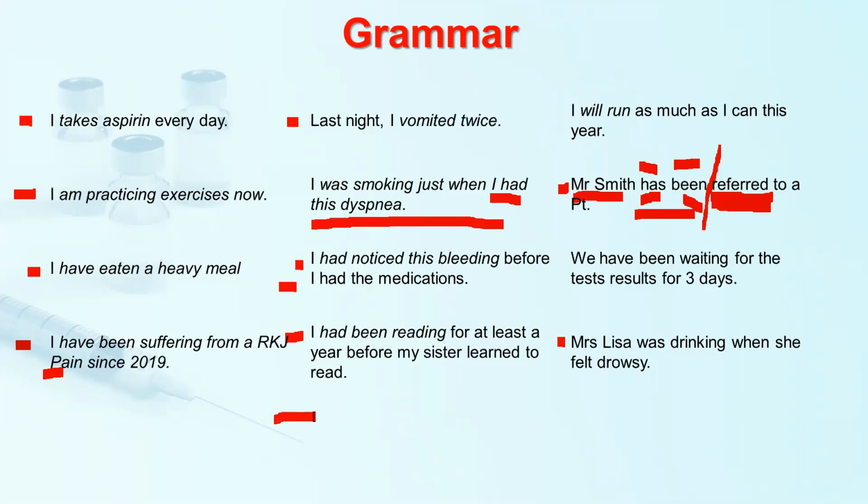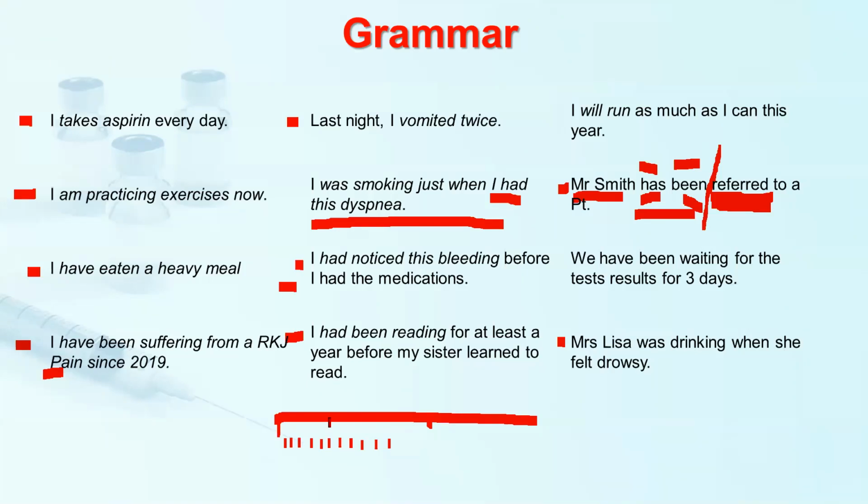Actually, the analysis for this example: this is the point of present, and this is the start of the first event. My reading started at this point and was continuous, at least a year before my sister learned to read.